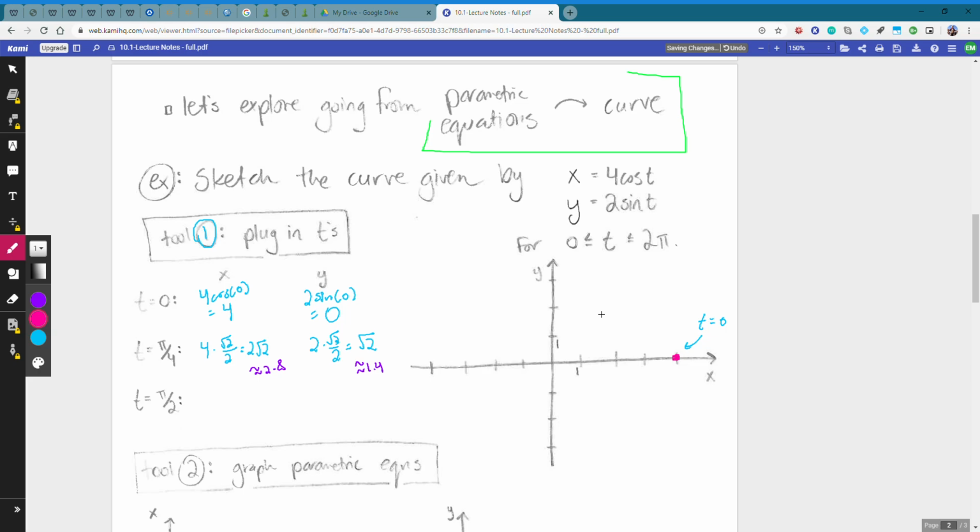I'm confusing myself. One sec. Oh yeah, okay. Sorry, I was getting confused over the x and y coordinates.